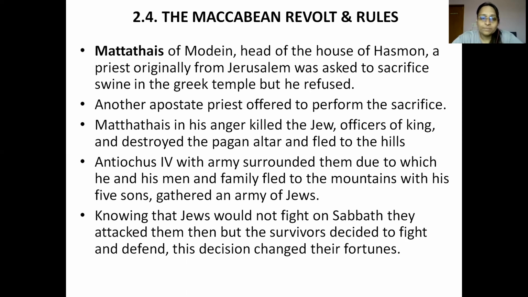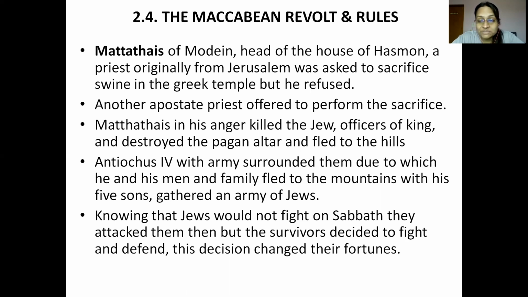Mattathias became very angry with this apostate priest because he's not a proper priest, and he is a Jew who is offering to sacrifice the swine at the altar. Being part of a Jewish community and accepting to sacrifice swine is something that Mattathias did not like according to the religion.